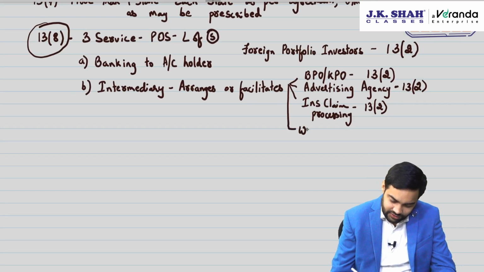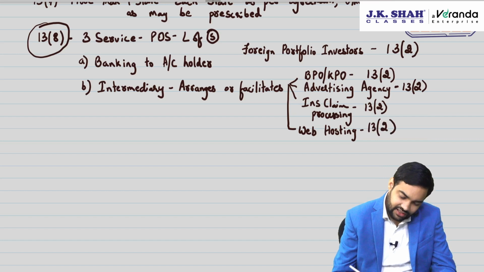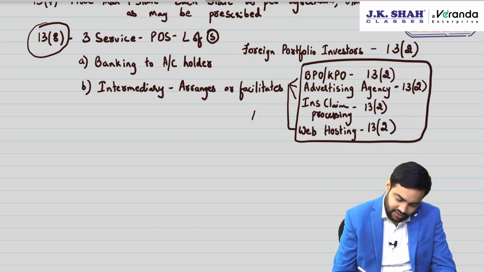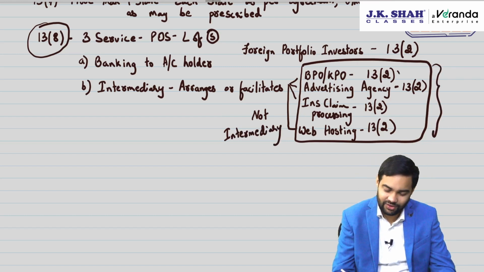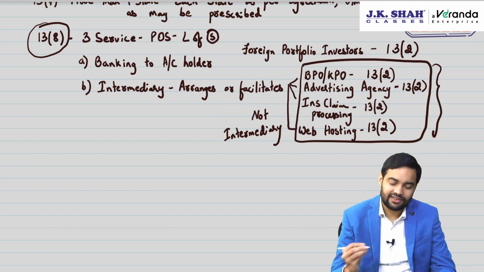Then web hosting, data web hosting services, will that be intermediary? No. So these are not intermediaries. But the department always wanted to make it intermediary because see, all these people never paid GST because the place of supply was outside India, no GST.